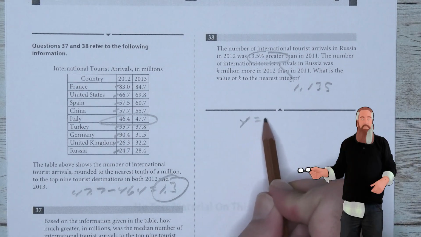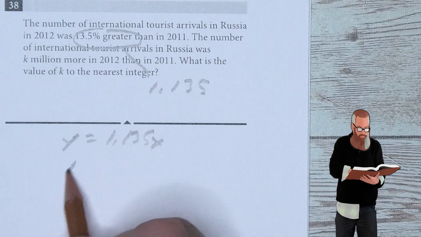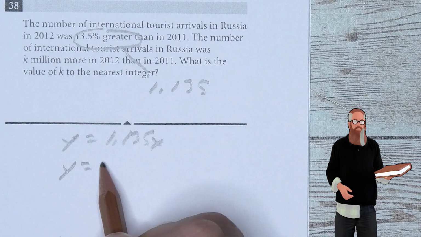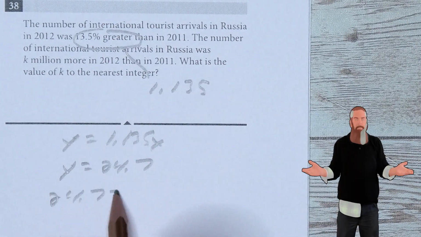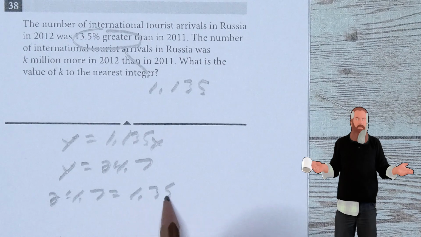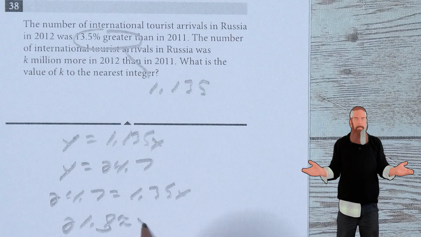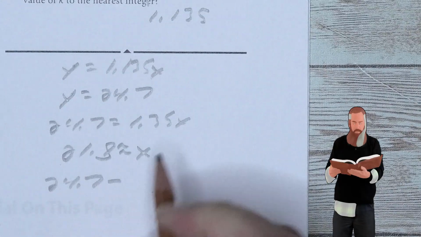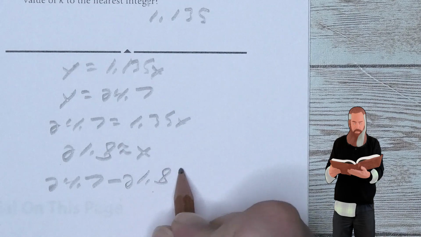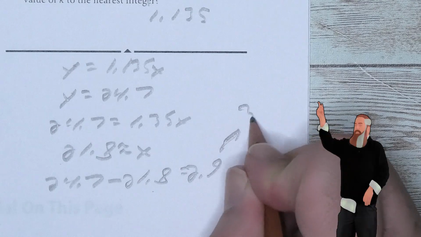So y is equal to 1.135x. From the table, we also know that y is equal to 24.7, which means that 24.7 is equal to 1.135x, or 21.8 is approximately x. So 24.7 minus 21.8 will give us 2.9, which then rounds to 3.